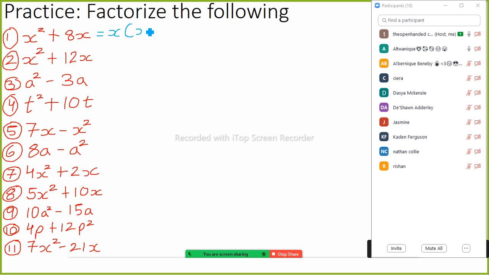Then put the plus sign, then put 8, then close bracket. Very good. Okay, so I have x bracket x plus 12 bracket.